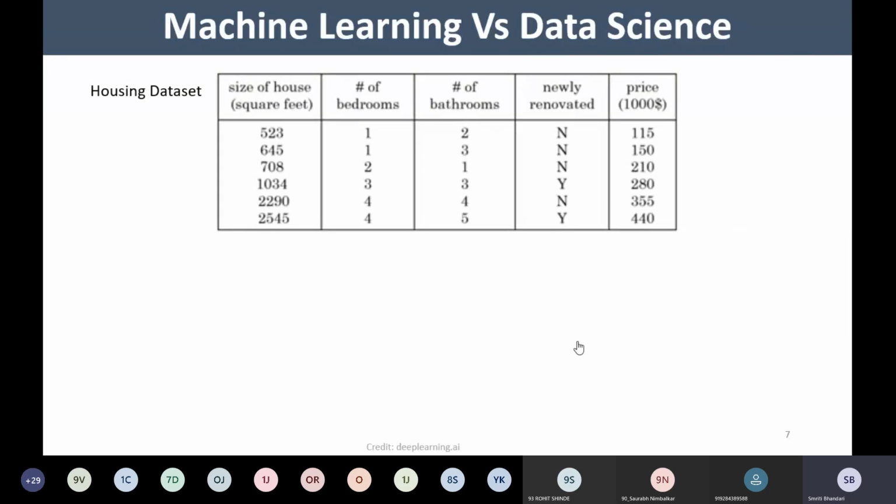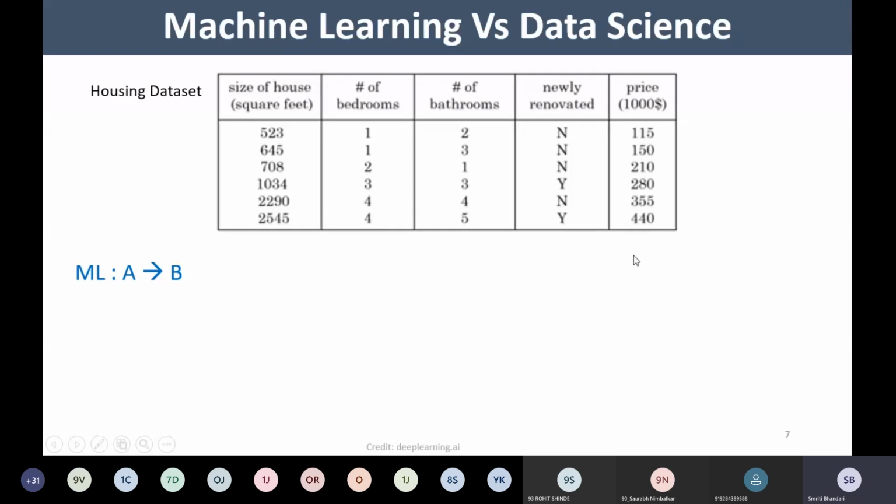And if we know these properties of a particular house, then it should be possible for us to predict the price of the house. So in machine learning, we have such a mapping from A to B. Here A is nothing but these first four properties and B is the price.